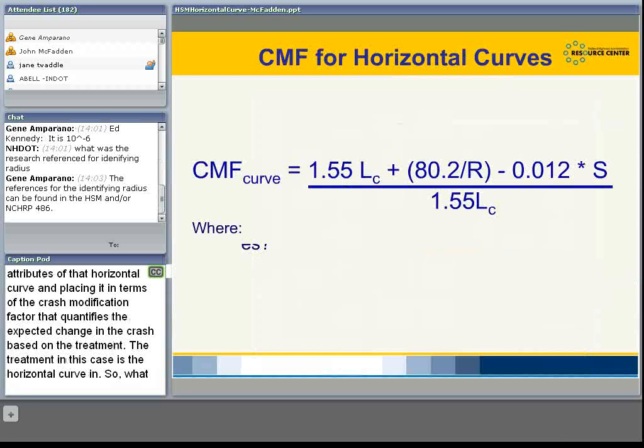There is another CMF that exists also at horizontal curves for superelevation. The way that the safety manual incorporates the effect of superelevation on safety is through a crash modification function. What they first describe is superelevation variance.